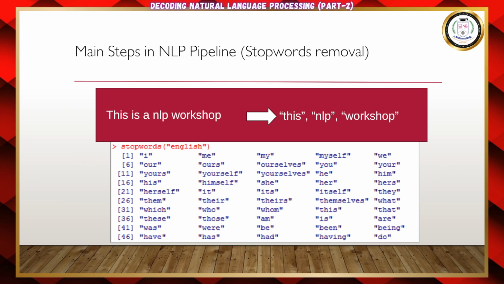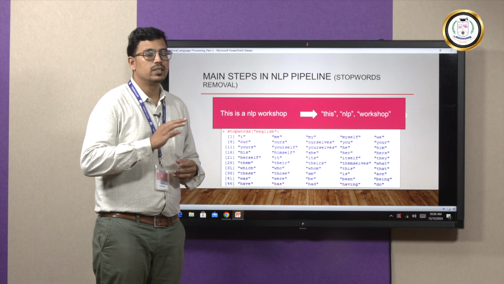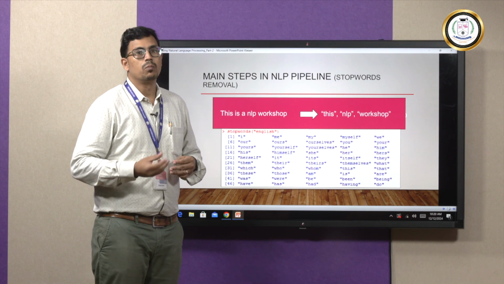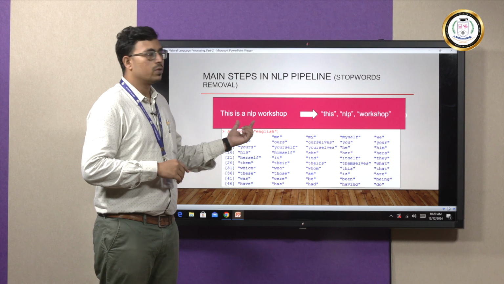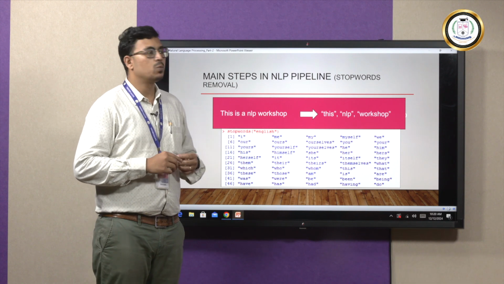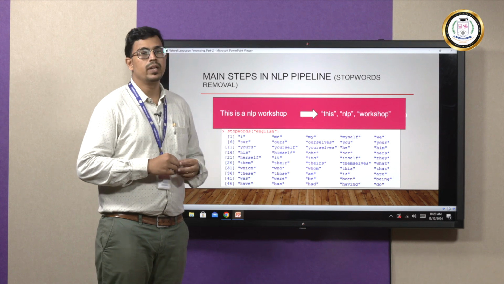Words like is, was, it, he, she, they are some of the stop words in English. They don't contribute anything towards the accuracy of the model, so these words have to be removed. In our input statement, "This is a NLP workshop", after stopword removal the tokens is and a are removed, and only NLP and workshop are kept.